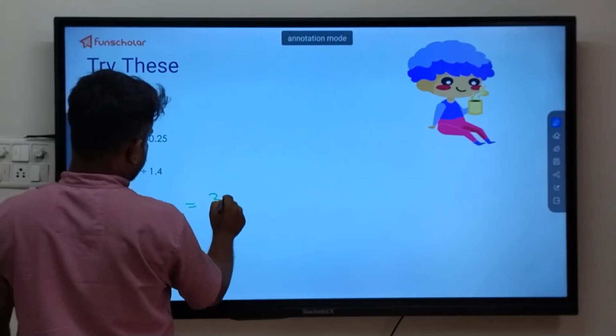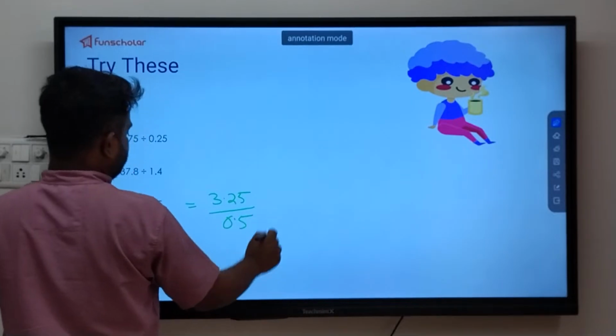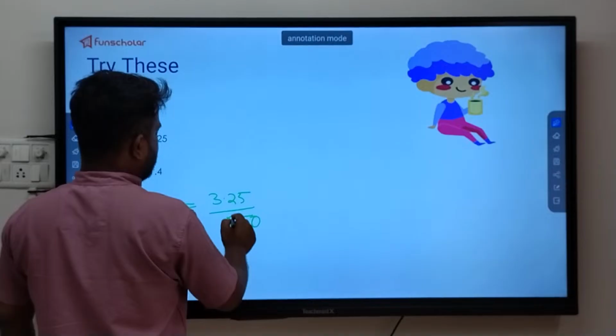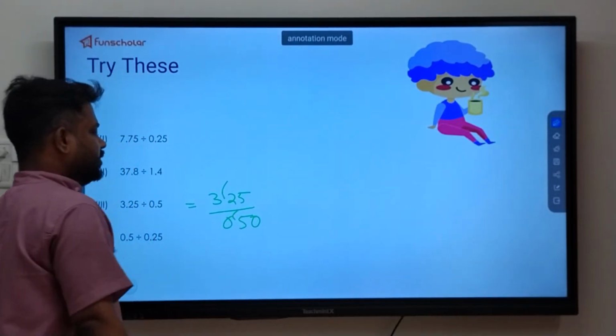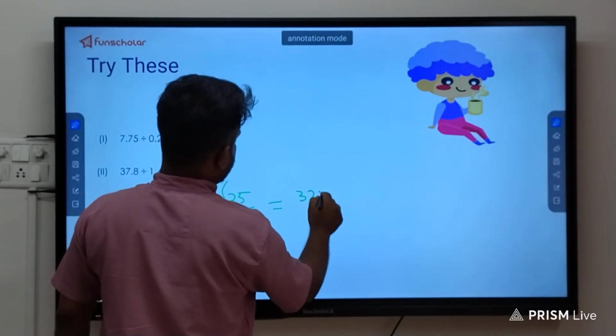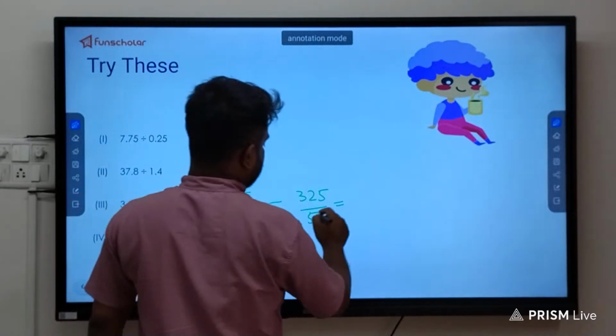So it will be 3.25 by 0.5. We can turn it into a likely fraction by putting 10 after it, then just use cancellation or write it again like this, then use the cancellation.